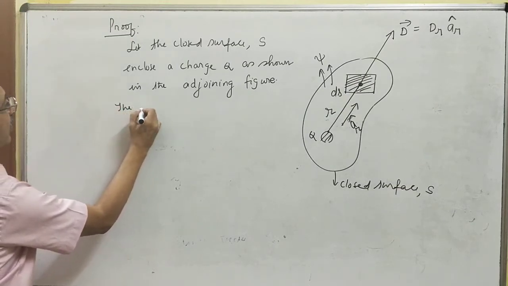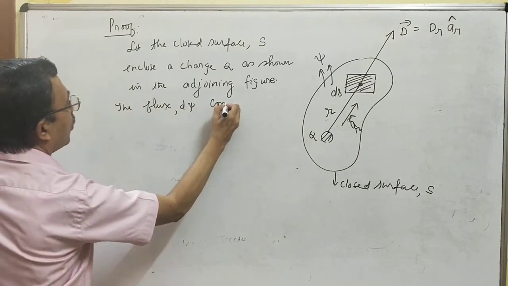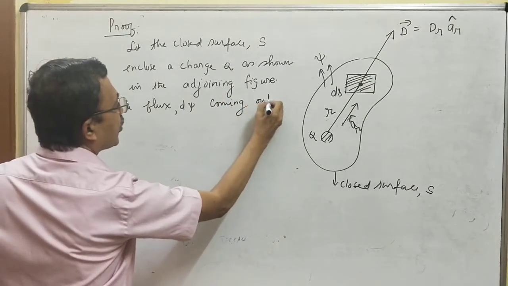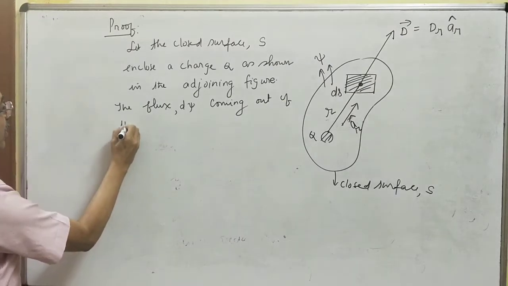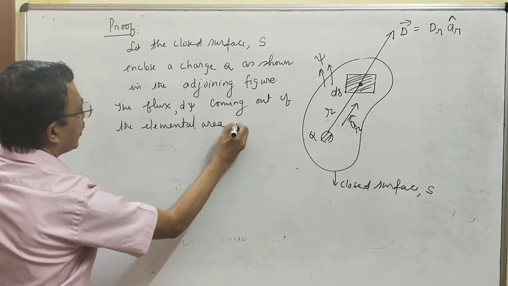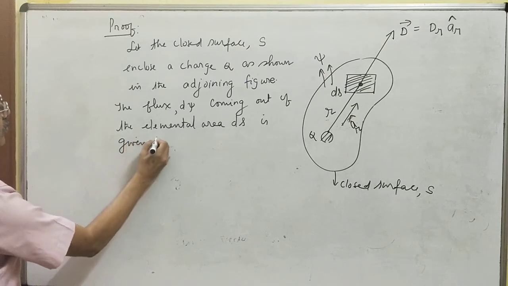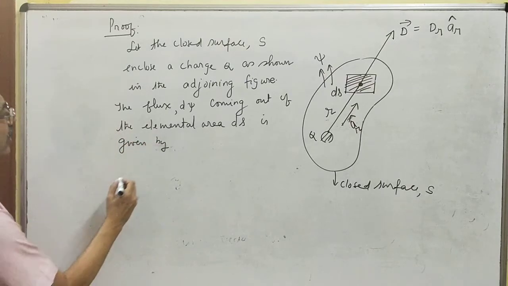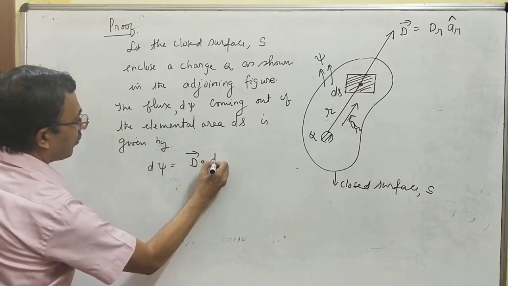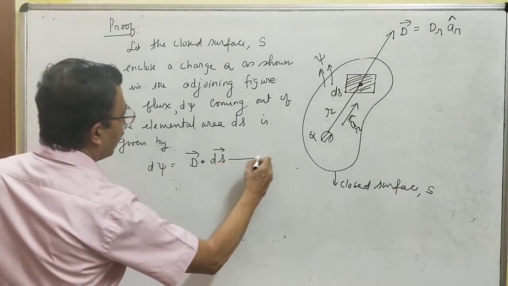The flux d psi coming out of the elemental area ds is given by d psi is equal to vector D dot ds. I call this equation 1.